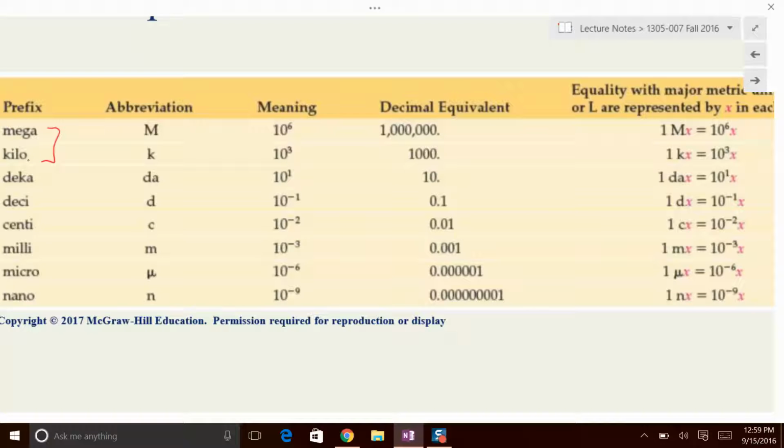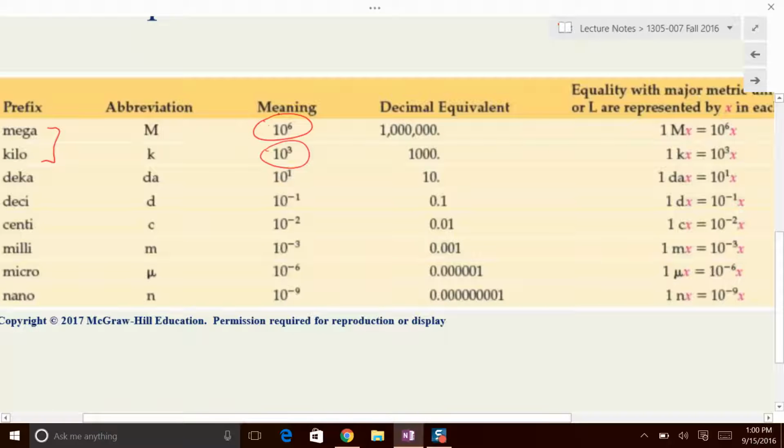So that's just an increase by 1,000 every time. So a kilo is 10 to the third. A mega is 10 to the sixth. A giga would be 10 to the ninth. So you're increasing it by 1,000 each time with those units in the metric system.